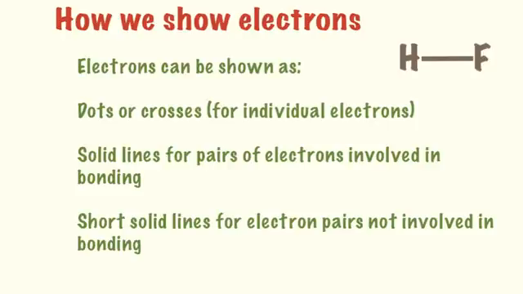Now let's put the other pairs in there. I can put a pair up here. Unfortunately, I've done the lines too big, but that's okay. I'll put another pair here and the third pair there. So we can see I've got 6 unbonded electrons next to the fluorine atom.